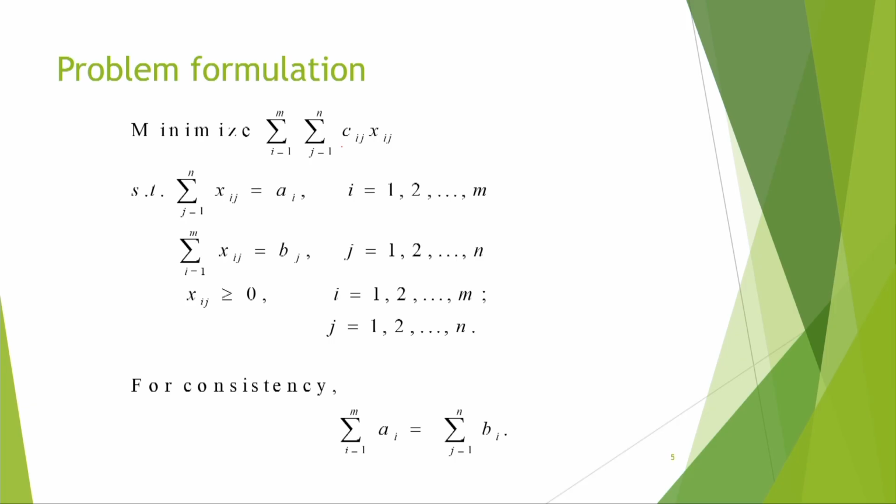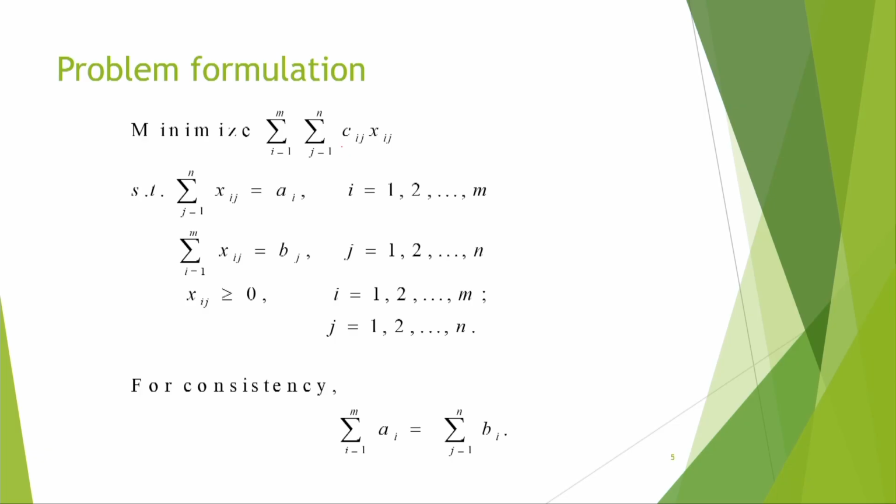Similarly, the sum over i equal to 1 to m of xij is equal to bj, for each j equal to 1 to n, meaning these are the destination cities. For each destination city, the supply from various factories is added and made equal to the demand.